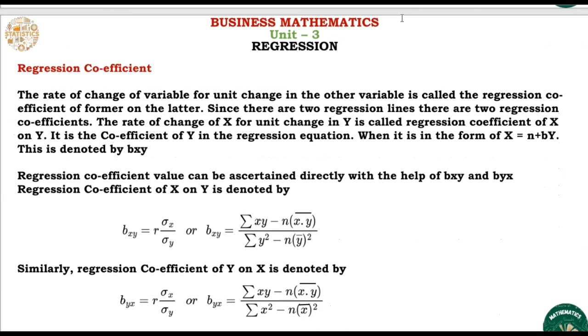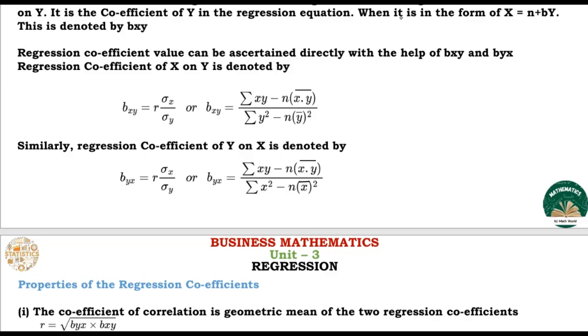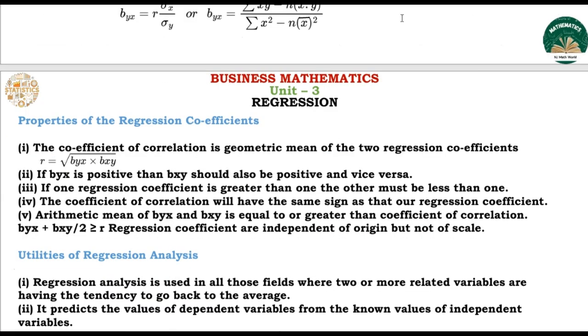Then we have the regression coefficient. If they give you the value of the regression coefficients and ask you to find the coefficient of correlation, we can find it directly with the help of bxy and byx, using these equations to solve the regression equations. And their properties are: the coefficient of correlation is the geometric mean of the two regression coefficients.